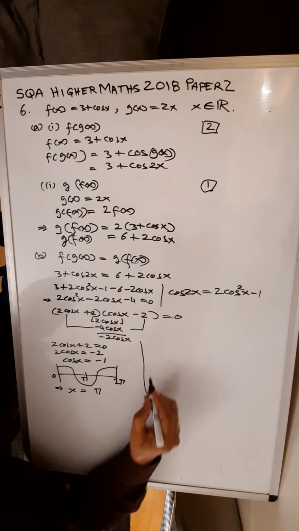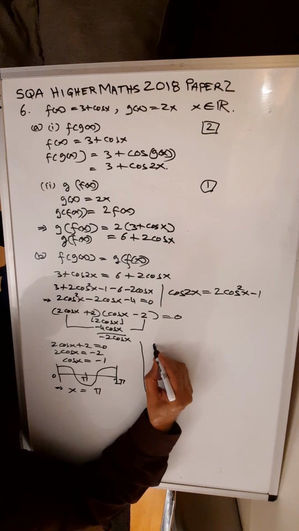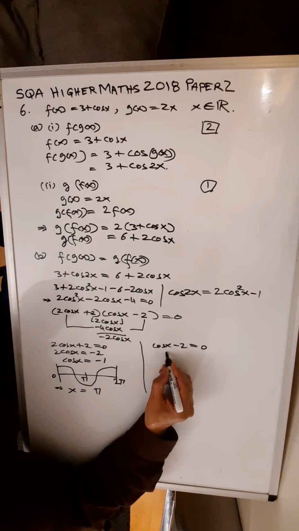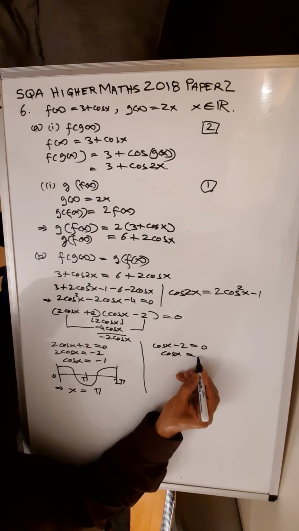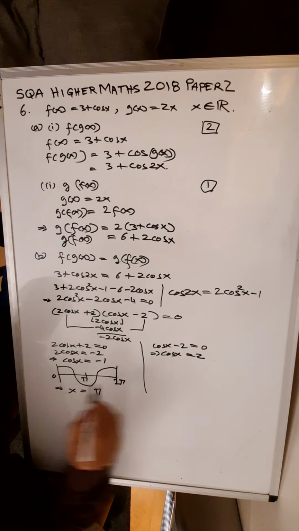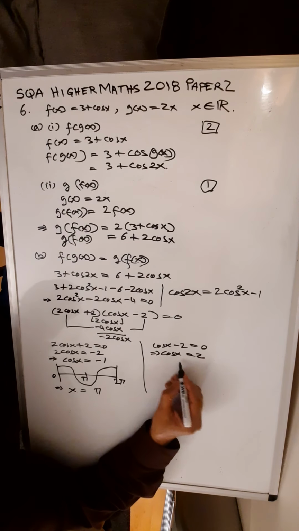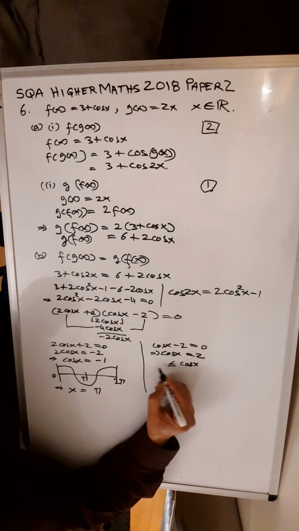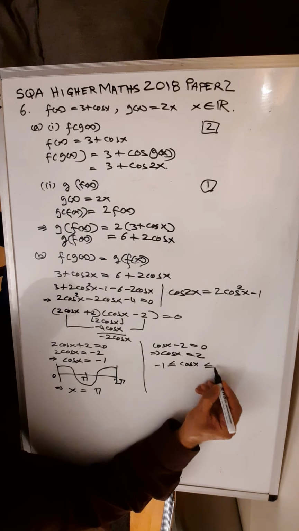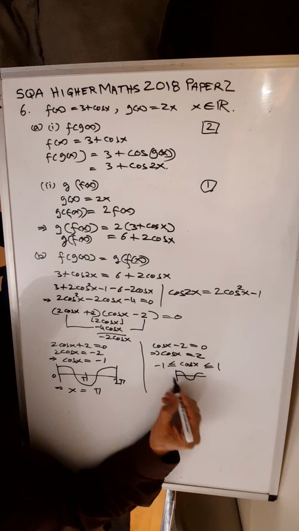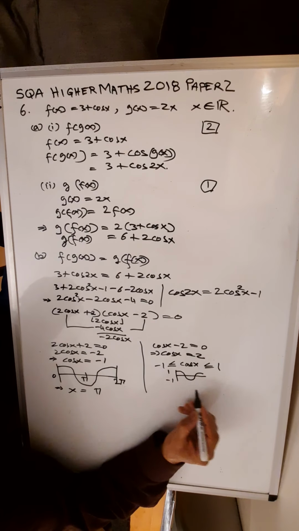The other bracket is cos x minus 2 is equal to 0. That means that cos x is equal to 2. And there is no solution for that because cos x is greater than or equal to minus 1 and less than or equal to 1. You can see that in your cosine curve. It goes from a maximum of 1 to a minimum of minus 1.